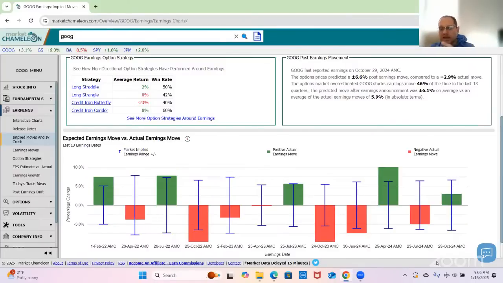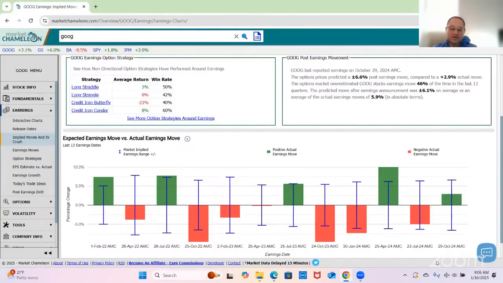And to basically create a benchmark that we could track from day to day, we'd have to standardize it. So we'd have to say, okay, what's the days to expiration? What are the strikes that we're referencing? So we have this 30-day IV, which is a 30-day constant maturity at the money implied volatility.